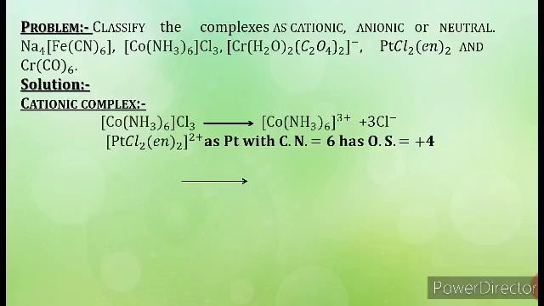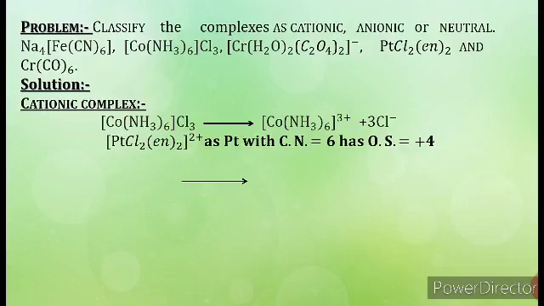Now in this complex, dichlorobis(ethylenediamine)platinum, you can see the coordination number is 6. So platinum's oxidation state will be +4. Two positive charges are satisfied by chloride ions.